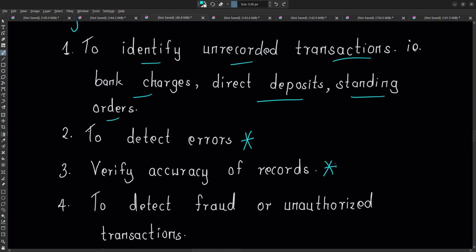If you find someone, the accountant, paid himself 20,000, and it is not recorded in the cash book, it cannot be explained. Where is it coming from? Okay, so also to verify the accuracy of records. So you can also detect fraud and unauthorized transactions.